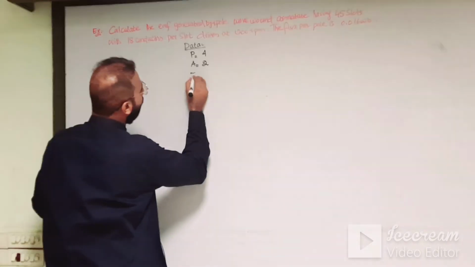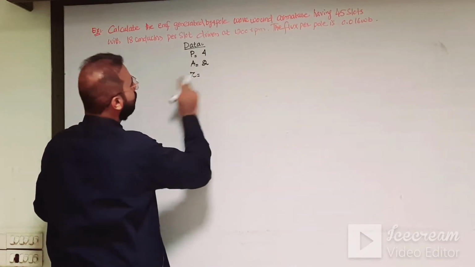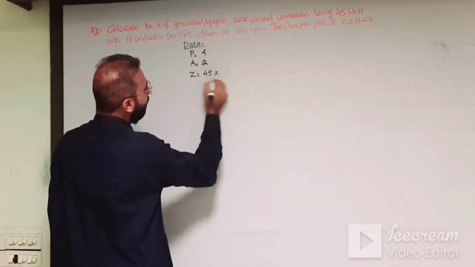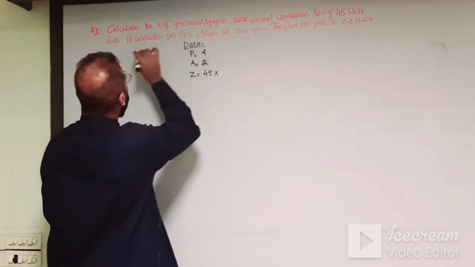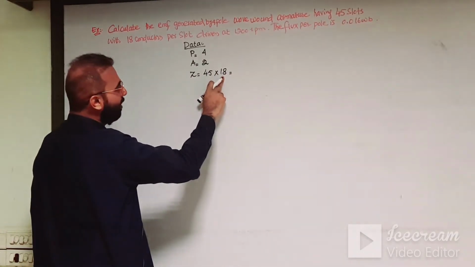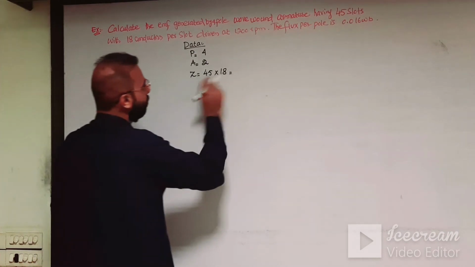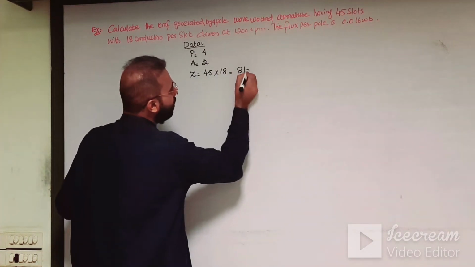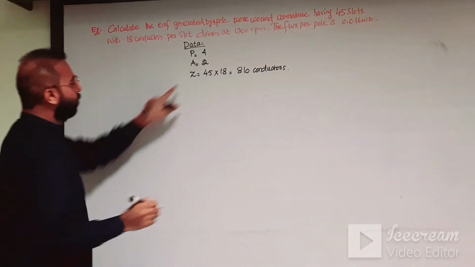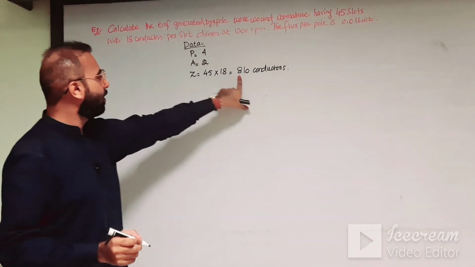So the total number of armature conductors Z will be the multiplication of the total number of slots and the number of conductors per slot. The number of conductors per slot is 18 and 45 is the total slots, so that will be 810 conductors.